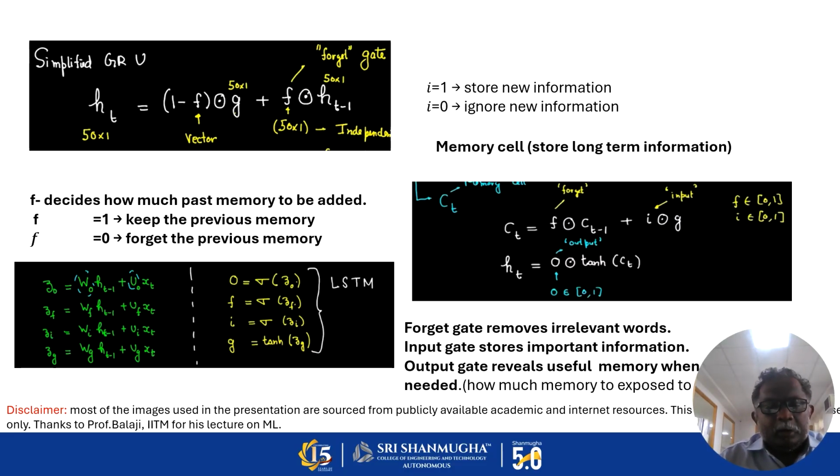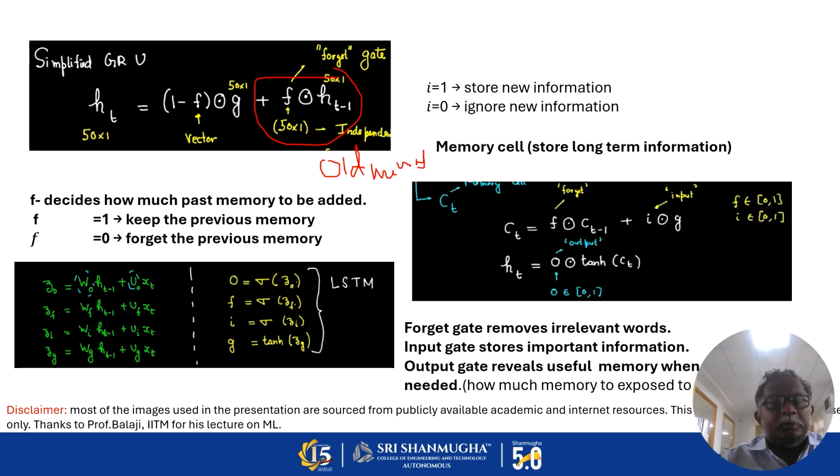Again, we are going to look at the simplified GRU, because LSTM is going to be derived from it. This is the hidden state at time step t, F is the forget gate, G is basically a vanilla RNN, and this is the previous hidden state. So this takes care of the new information, and this takes care of the old memory.